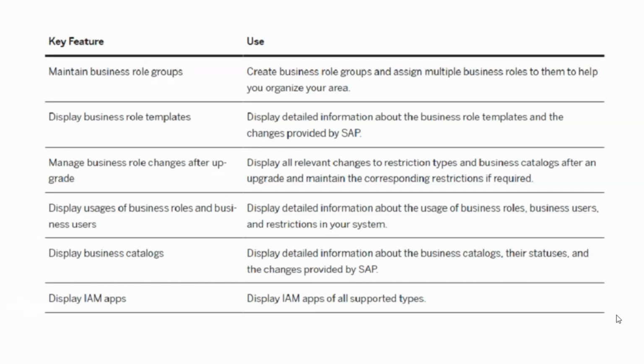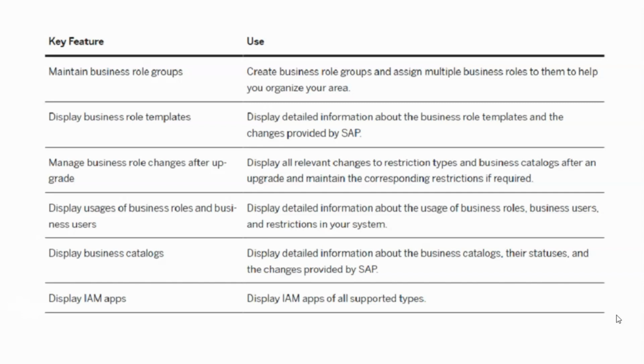We can manage business role changes after an upgrade. We can display all relevant changes to restriction types and business catalogs after an upgrade and maintain the corresponding restrictions if required. You can display the usage of business roles and business users, with detailed information about the usage of business roles, business users, and restrictions in our system.